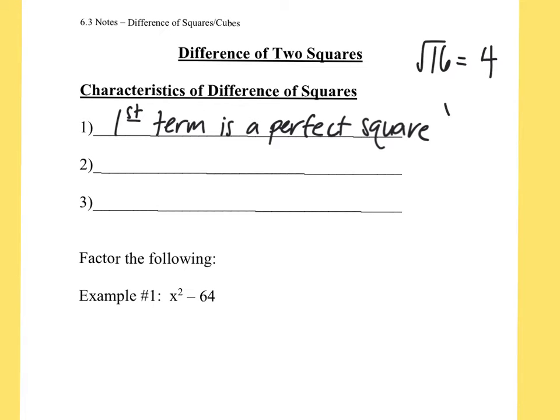What about 6? Would 6 be a perfect square? No, because we don't get a whole number if we square root 6. Does everybody know how to type a square root into your calculator? For those of you who don't, put the calculator in your hand.